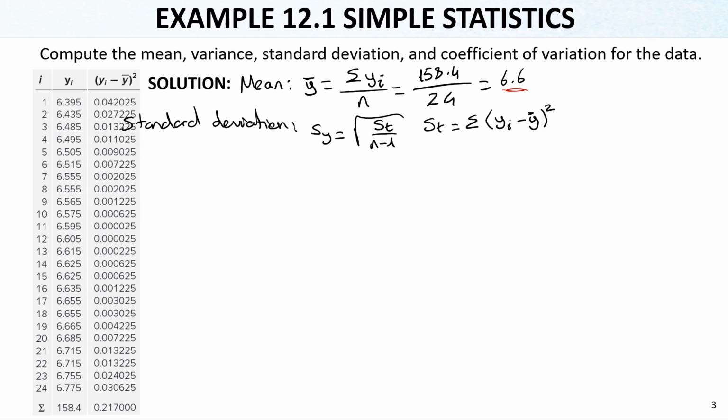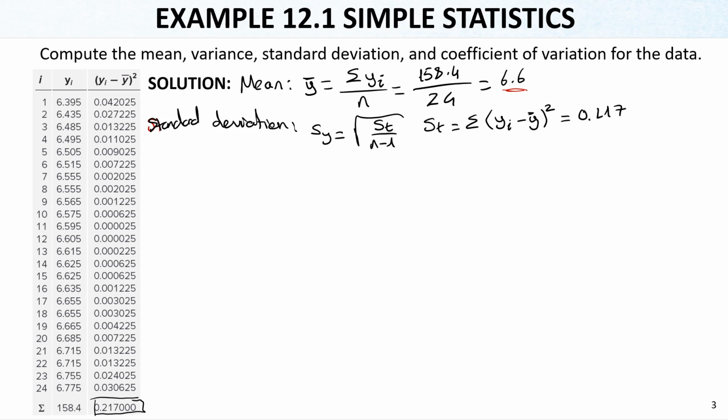Let me erase this too, so that you can see easily. So these are the results to use in the standard deviation. Basically, the summation of these is here at the bottom. You can see, this is actually 0.217.